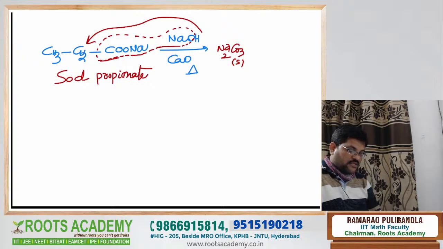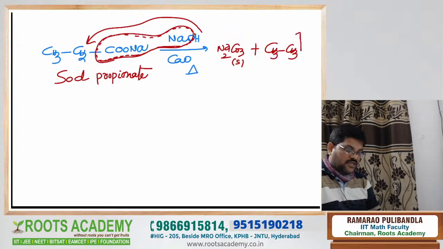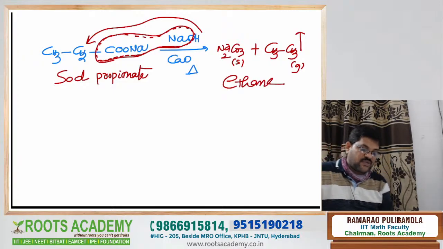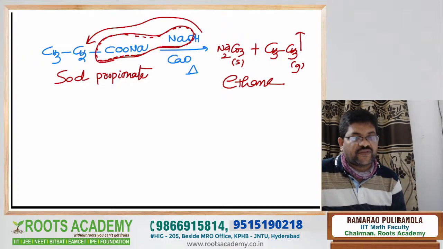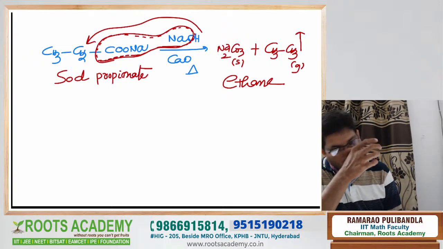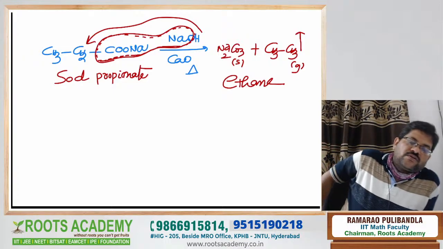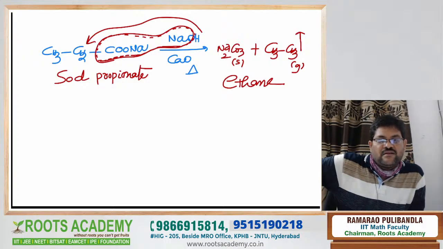The CO2 is removed in the form of solid Na2CO3. Now the H atom attacks the CH2 group and you get CH3-CH3, and ethane gas is liberated. Simple explanation, no confusion. That is sodium propionate heated with soda lime. Understood, Narendra?